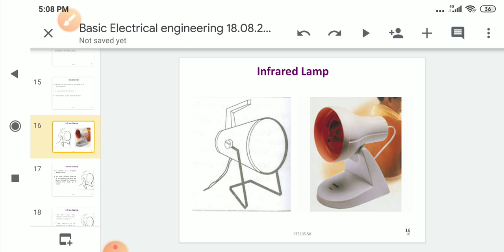For this purpose it is used in industries like painting and coatings. If we apply this type of infrared radiation on freshly coated surfaces, it quickly dries the paints, because of its ability to heat quickly.